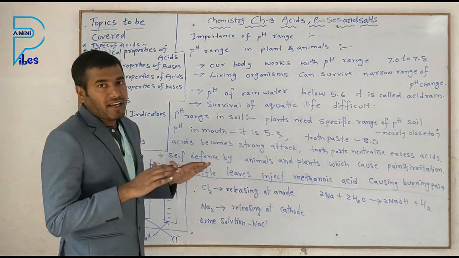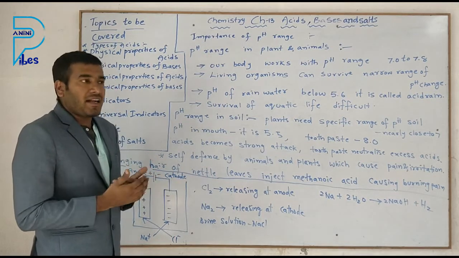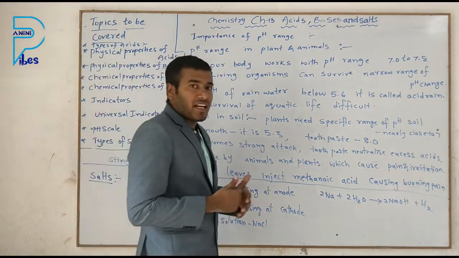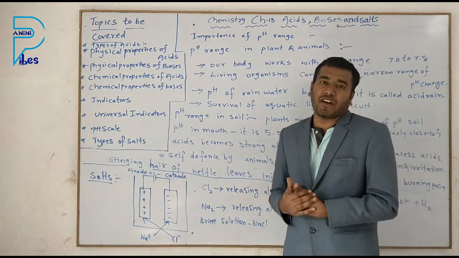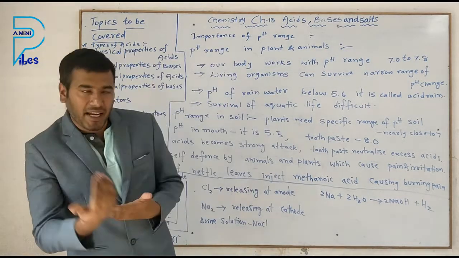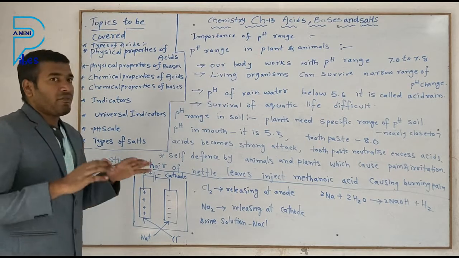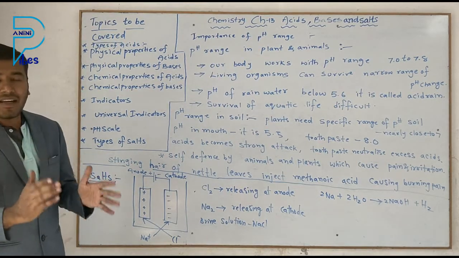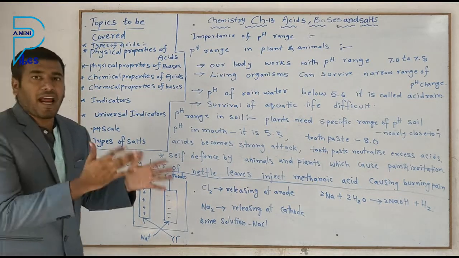When the pH value is very near to 7, we can grow the crops very easily, and if the pH value is more, that affects the crops. The artificial fertilizers we are using are increasing the pH value in the agriculture field, and that pH value also makes it difficult for plants to survive.